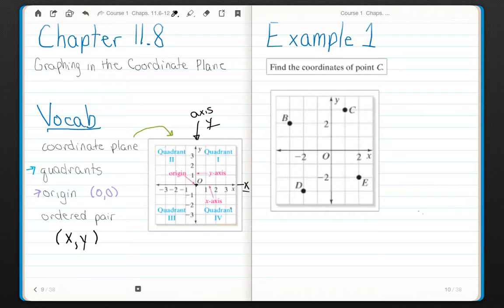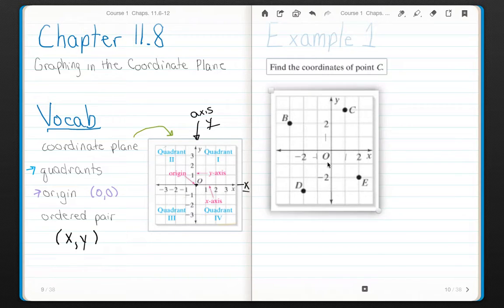So let's start with example 1. Find the coordinates of point C. Notice on this coordinate plane, they numbered every other line. Sometimes people do that just so that it gets your coordinate plane a little less cluttered. I'm going to write in the other ones right here.